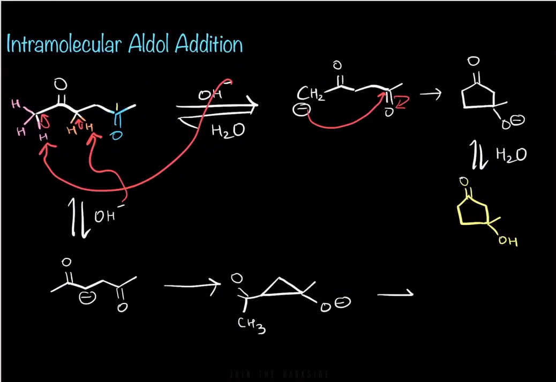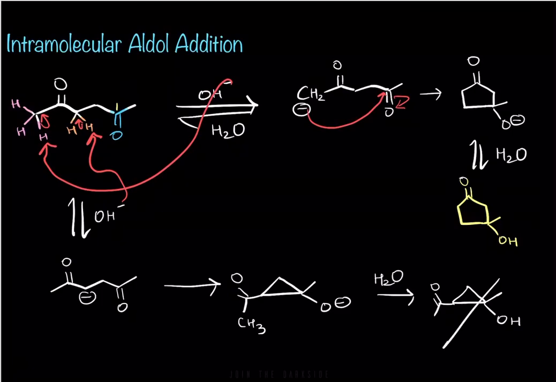Then it reacts with a water molecule where the oxygen is going to get protonated, forming the product. But actually, the formation of a three-membered ring structure is not going to be as feasible as the formation of a five-membered, six-membered, or seven-membered ring. So this product is not going to get formed at all.